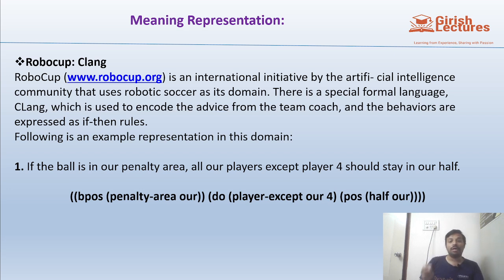This is how a language helps a robot go forward, and this is a special formal language called CLang. It was developed as per the requirements of the robot. It can be any soccer challenge, or any other home-purpose robot. This is how the meaning will be represented.